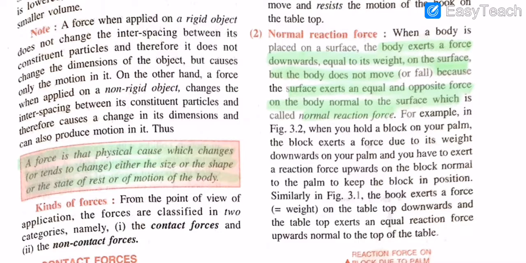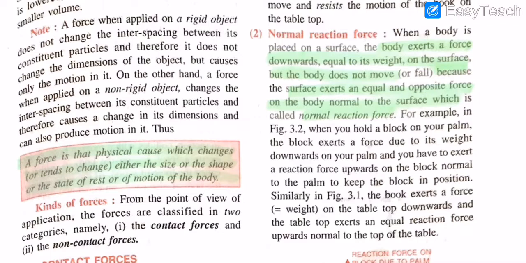Okay, so a force is that physical cause which changes or tends to change either the size or the shape or the state of motion of the body. So this basic definition of force not only tells you about the definition, of course, but it also tells you about the two examples that we saw of the effect of force.